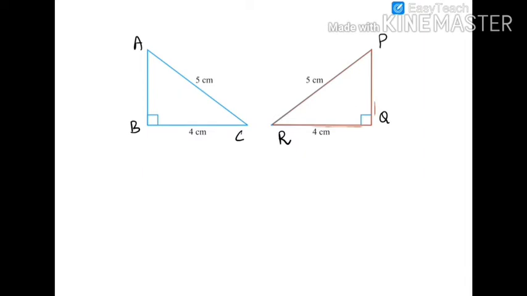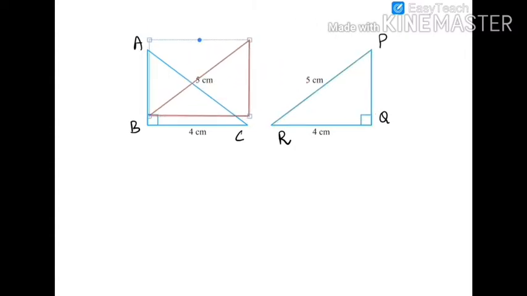So in order to check whether they are congruent, we need to overlap. And to overlap, we need to flip this triangle from left to right. But flipping or inverting is possible only if we have a cutout of this triangle. But I can always check whether the corresponding angles and sides are equal or not.